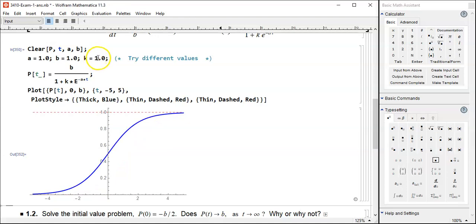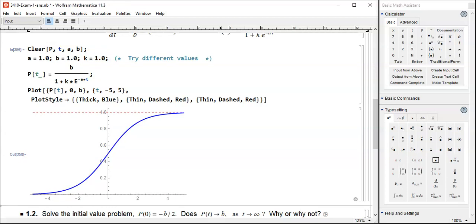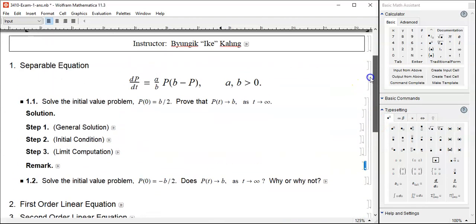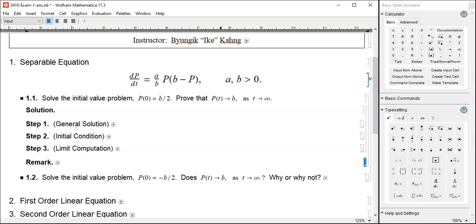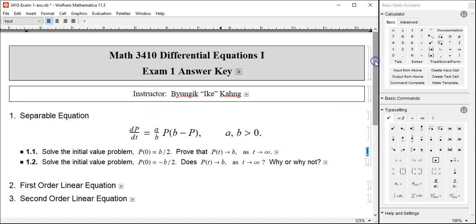And if you take something smaller than 1, then you're going to get a higher initial population. Okay, that completed problem 1A, and along with some visualization, I guess let's do problem 1B in a separate video.